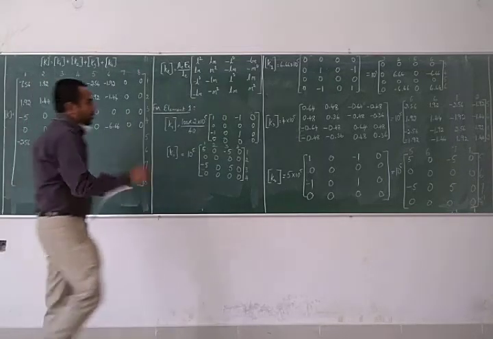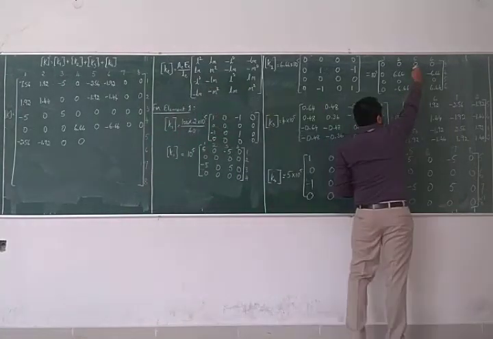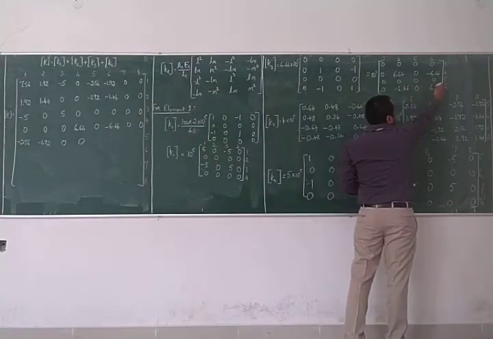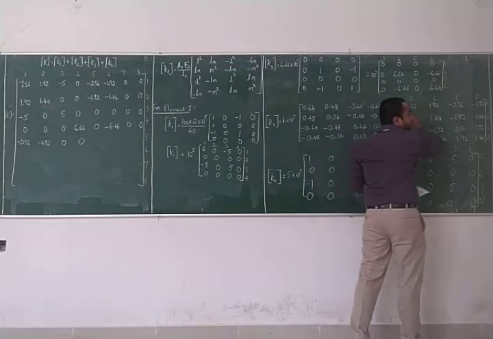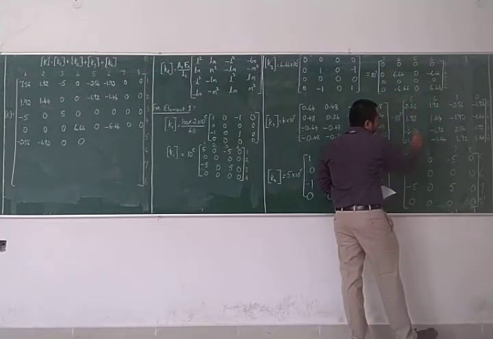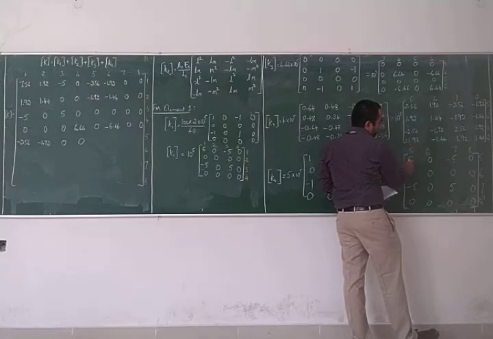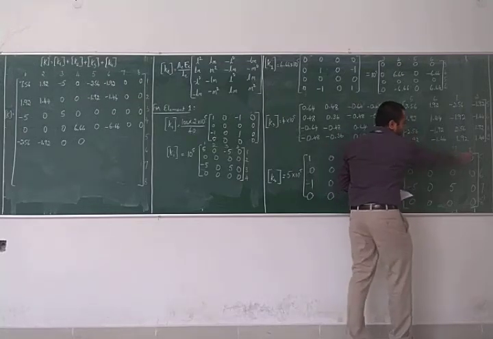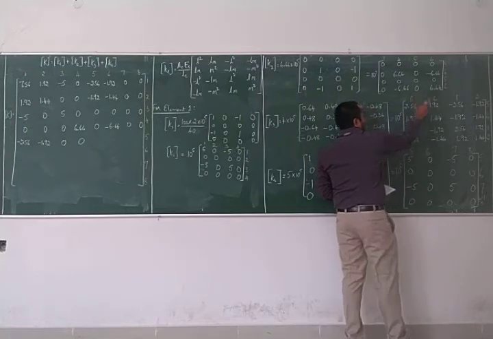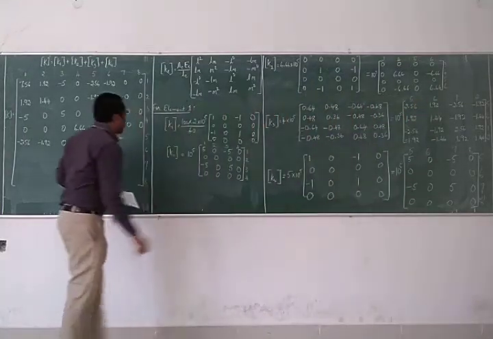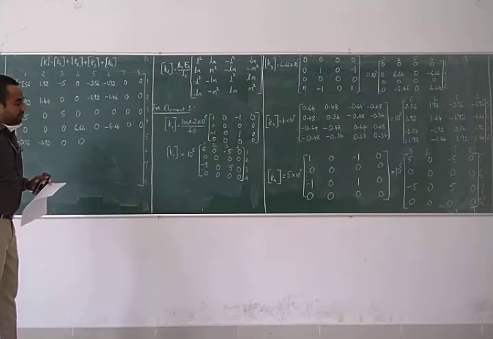Yeah, there is one more term. Fifth degree of freedom column and fifth degree of freedom row is 0 here. And it is 2.56 here. Again there is one more term. 5 plus 2.56 plus 0. So it is 7.56.